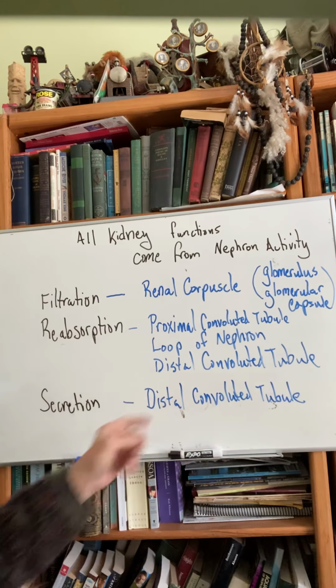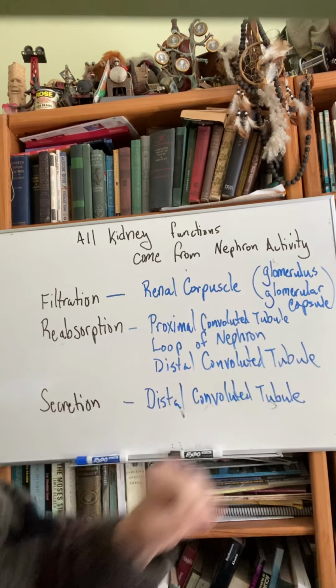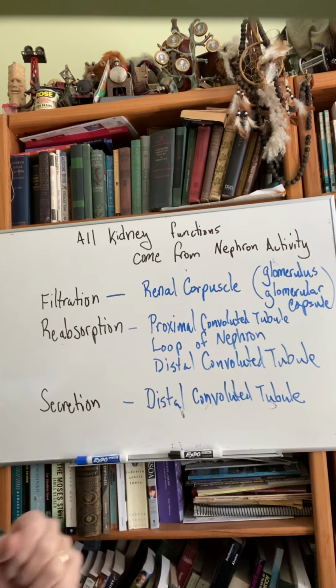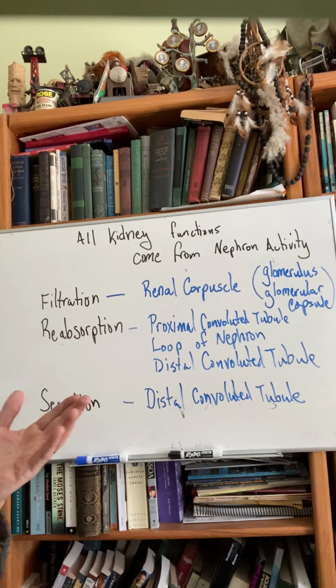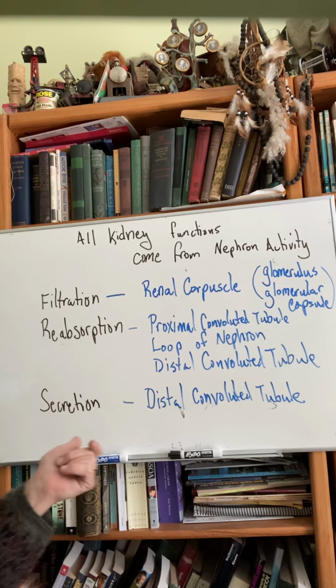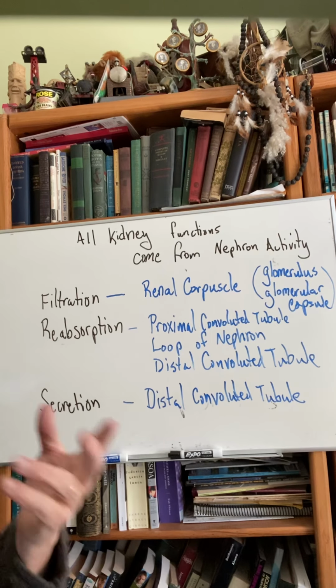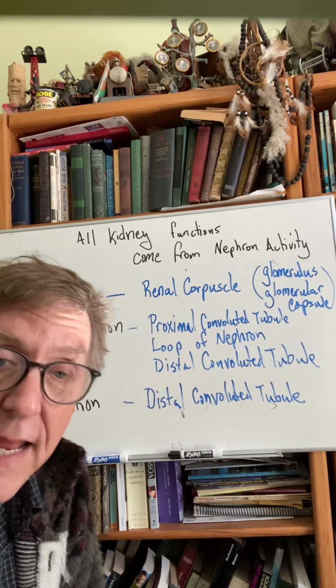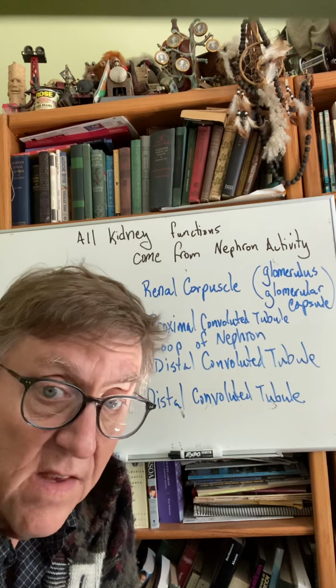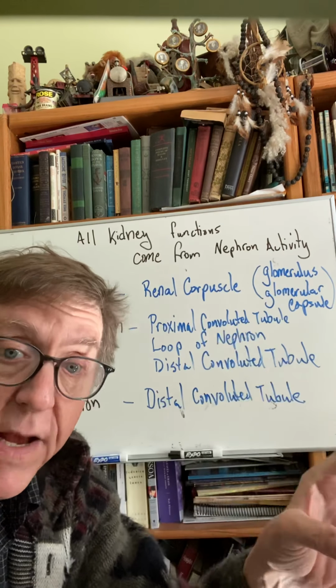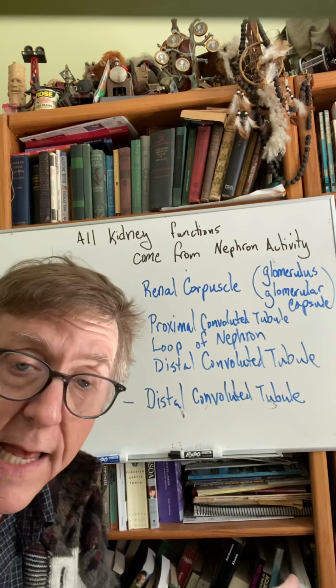And this is going to happen in the distal convoluted tubule, the part that's near the collecting ducts. Now, that process is a natural process, as well as you're going to secrete anything that your body says, I don't know what this is. It's some foreign chemical. It's going to be secreted.